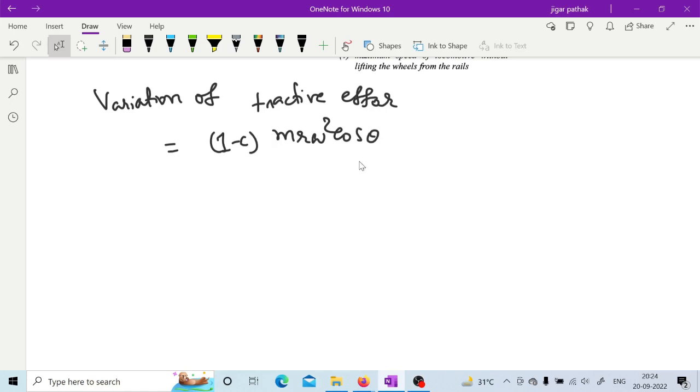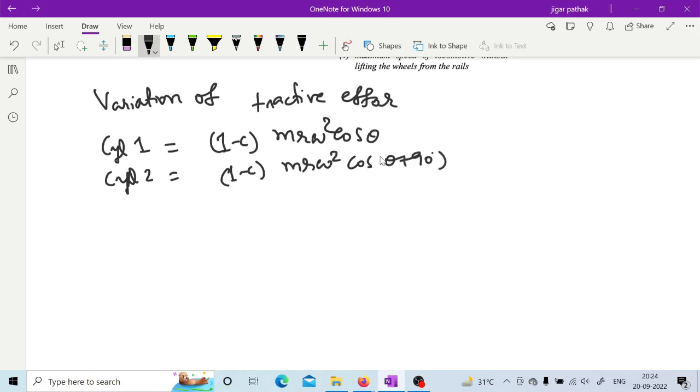Now in case of your locomotive, you will have two cylinders. If you consider this as cylinder 1, then you are having the second cylinder also. In that, this force will be (1 minus c) m r omega square cos(theta plus 90 degrees), because cranks are 90 degrees apart.